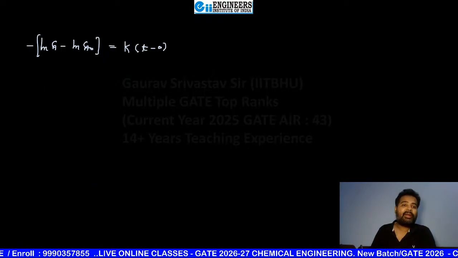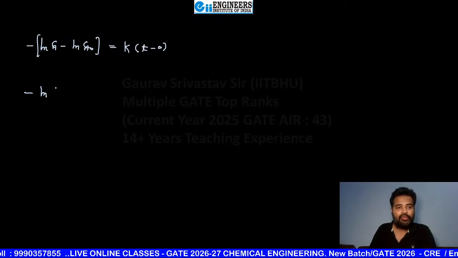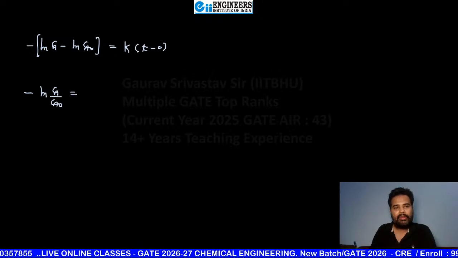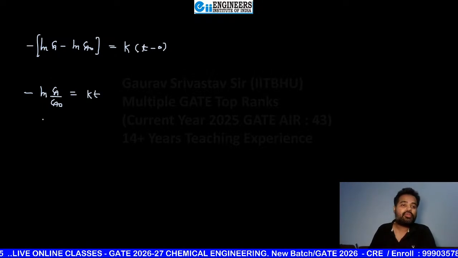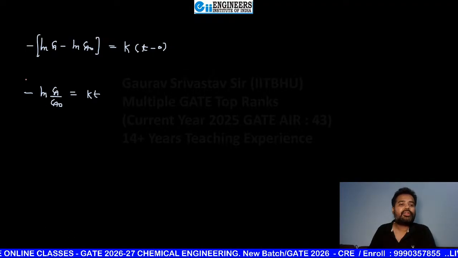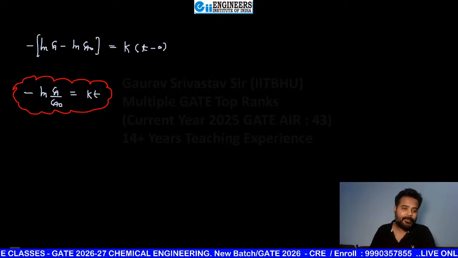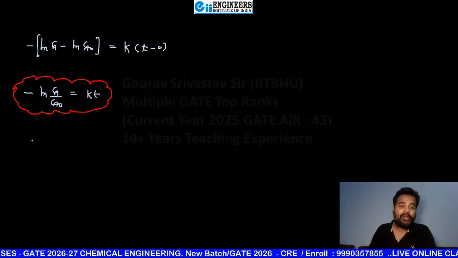Log A minus log B can be written as ln A by B, so ln Ca by Ca naught equals kt. So this is your first expression, first standard form.